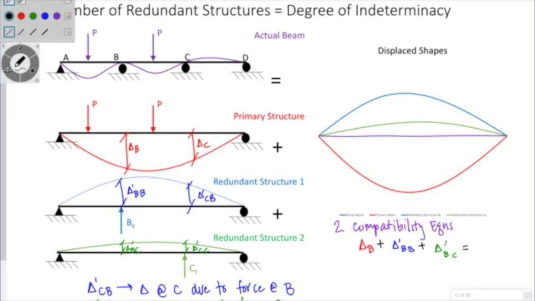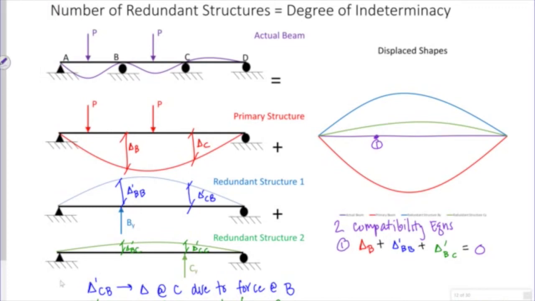And that has to equal 0, right? Right about here. That's equation 1. It's very hard to tell because of the crazy scale that I promised. It's 0.